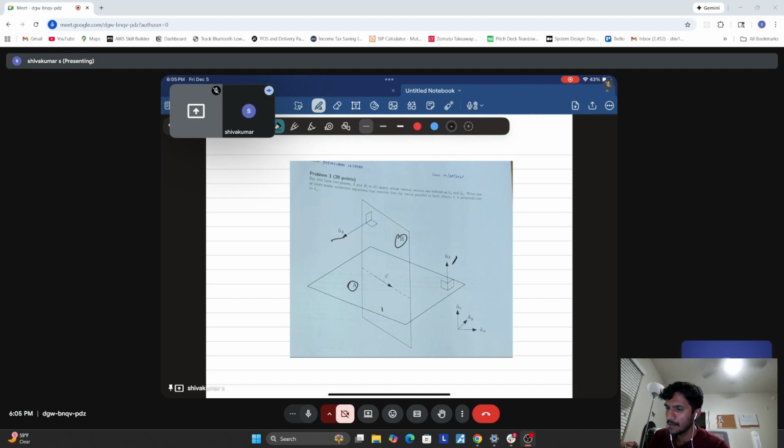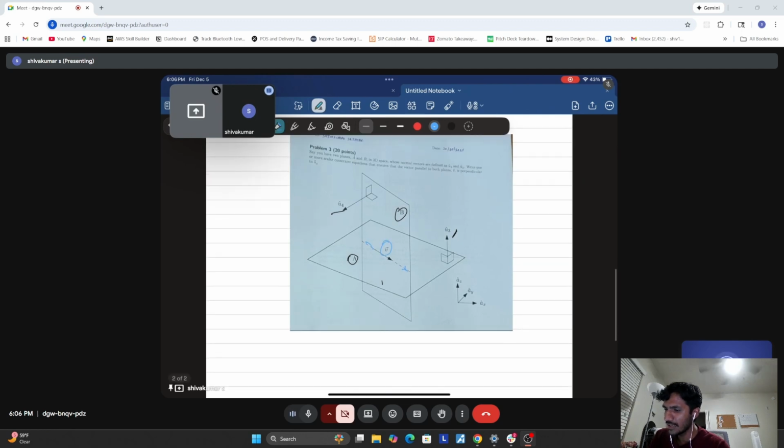There is also a vector v at the intersection of both planes. The question is to find a scalar constraint equation that ensures that this vector v is perpendicular to ax, the unit vector ax.